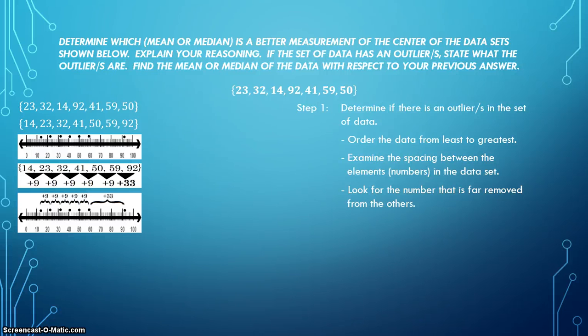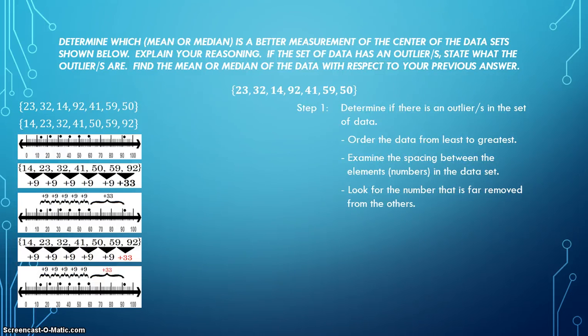So once we've done that, we're going to look for the number that is far removed from everything else. And it's easy to find because we can easily see 33 is way bigger than 9 when you're talking about spread, and we can easily see the jump right there. Because of that, we know there's an outlier, and the outlier is in fact 92.